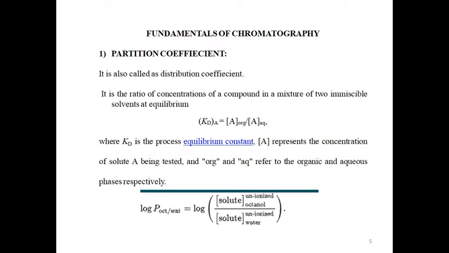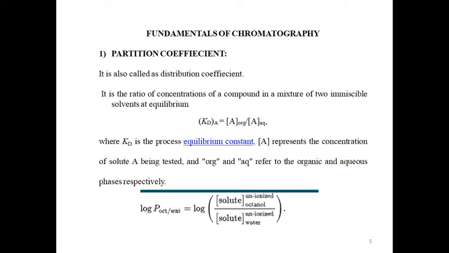A represents the concentration of the solute A being tested in the organic and aqueous phase. Here, organic is given as ORG and the aqueous phase as AQ. How we consider an equilibrium constant depends on how a component gets distributed into these two solvent species.